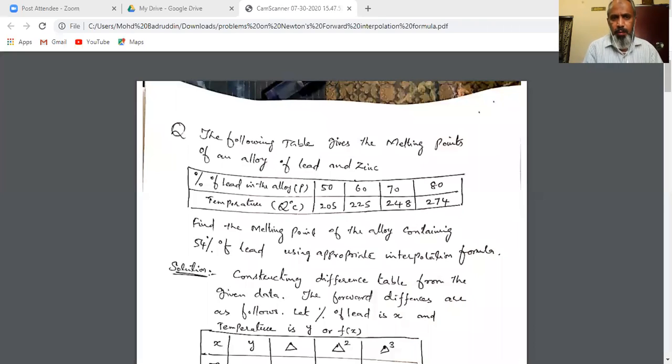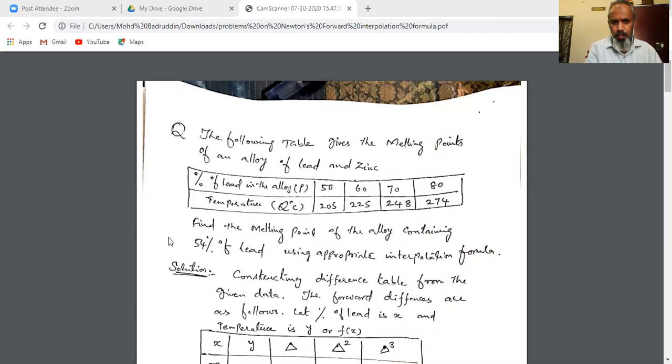So this is the problem. The following table gives the melting points of an alloy of lead and zinc. The percentage of lead in the alloy is denoted by P, and the temperature or melting point is denoted by Q degree centigrade.